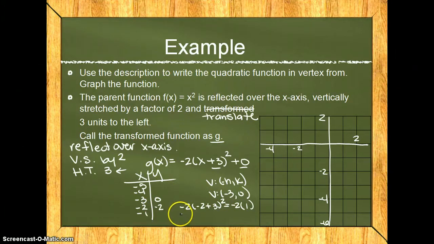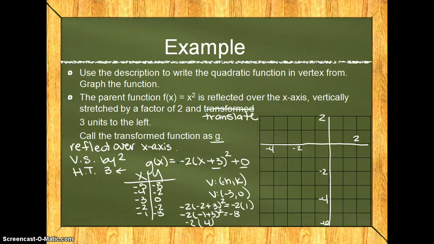If you plug in negative 1, that's negative 2 times negative 1 plus 3 squared, which would be negative 1 plus 3 is 2. 2 squared is 4, and 4 times negative 2 is negative 8. Because of symmetry, if you plug in negative 4 and negative 5, you're going to get symmetrical locations to the ones on the other side of the vertex.